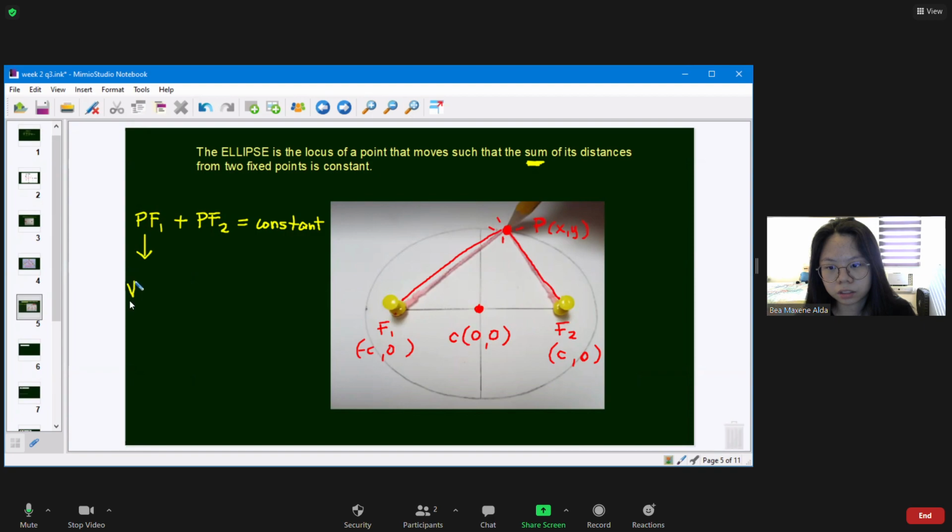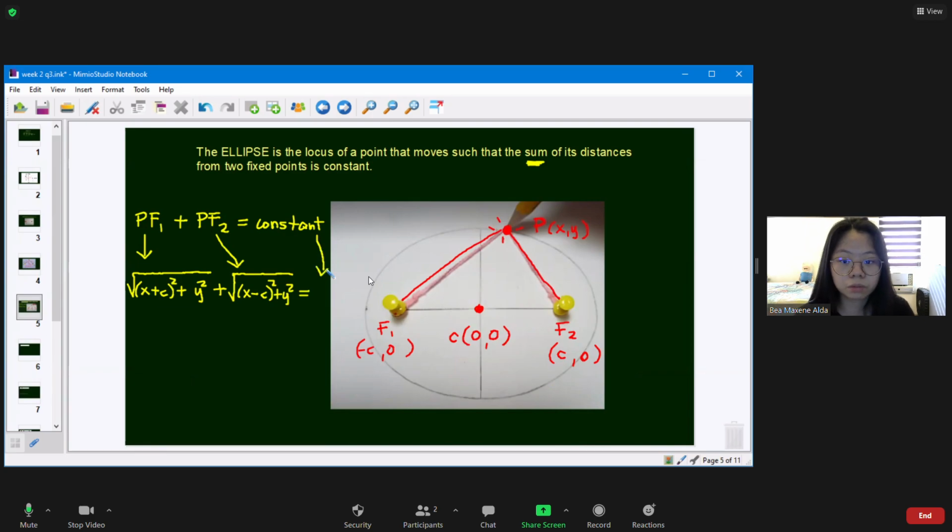So that's the square root of (x plus c) squared plus y squared, because dito, yung una natin ginamit yung may negative c, and we've only had y minus 0, so y squared lang siya. Plus the second point, that would be the square root of yung positive c naman over here. So that would be (x minus c) squared, same thing, plus y squared. There we go. If we add that, it would be constant.